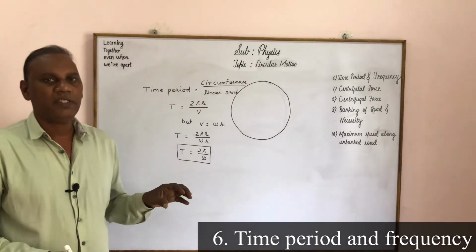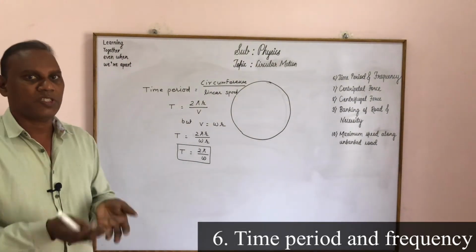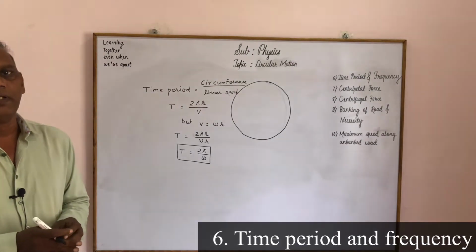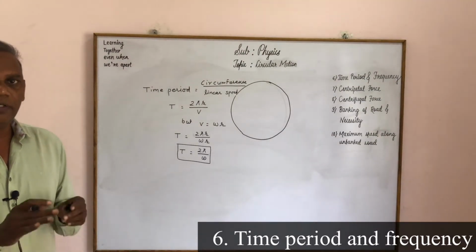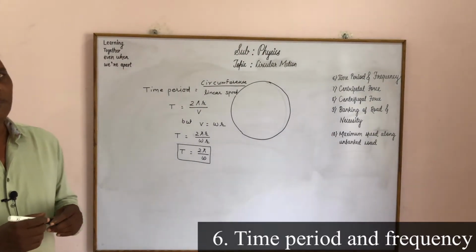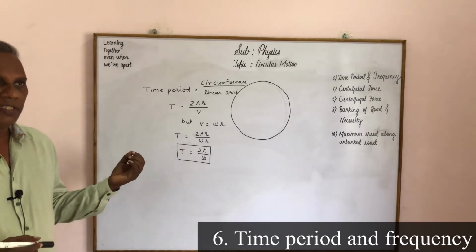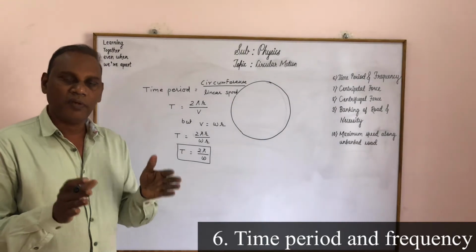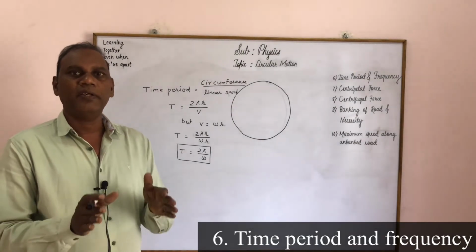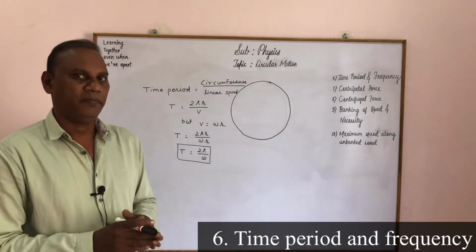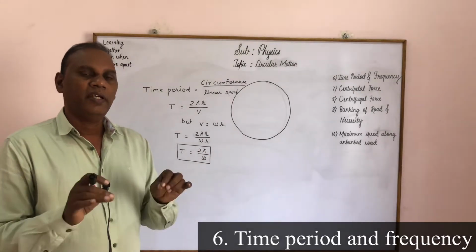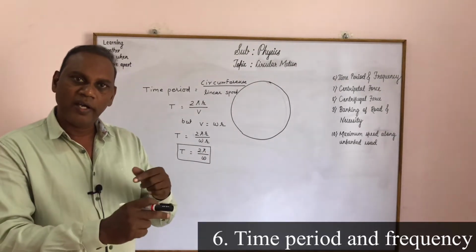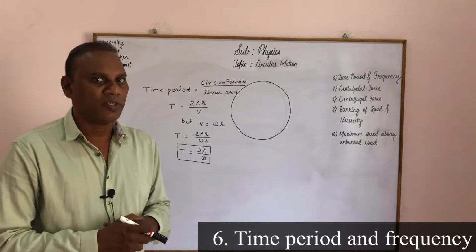Frequency in UCM is the number of revolutions made by the particle per second, and time period is the time required to complete one revolution.